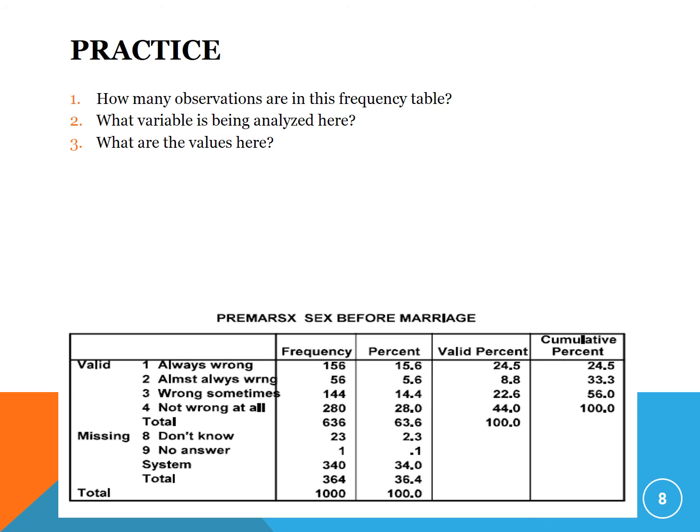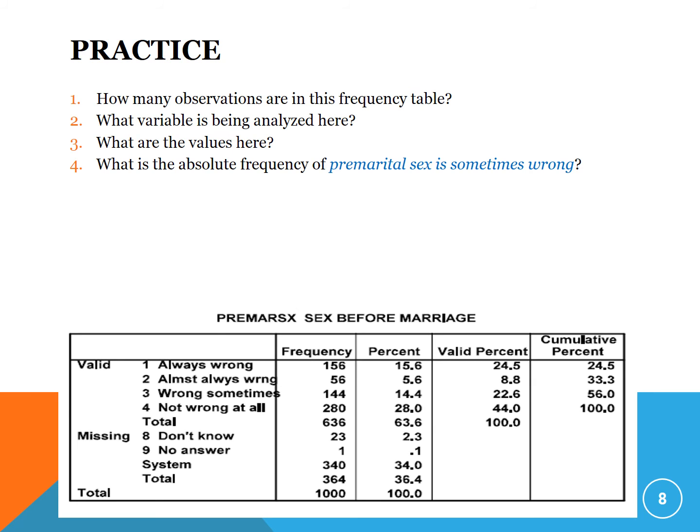We're not saying that it's wrong, not even sometimes, and we're not saying that it's not wrong at all. We're just saying, I don't know. So it has to be somewhere in between. That's where I personally would have placed it, but the person doing this study decided, no, we need definitive answers, so we're not going to include the don't know value, which is fine for them.